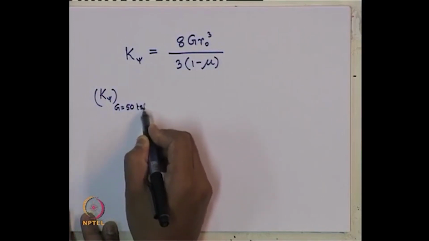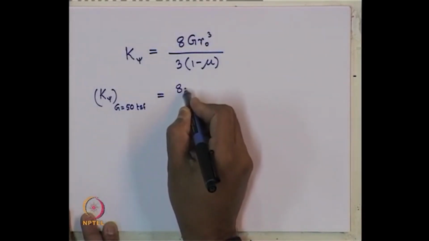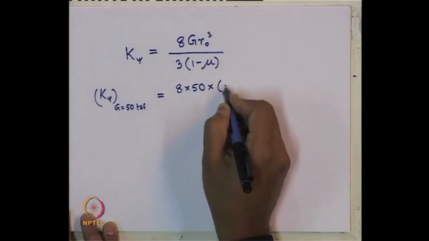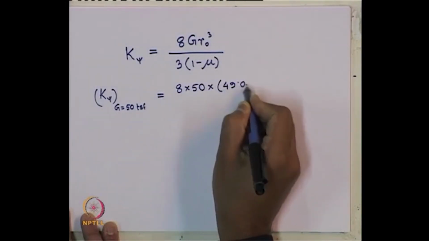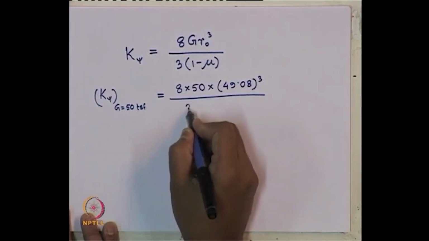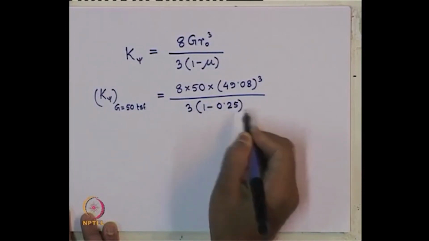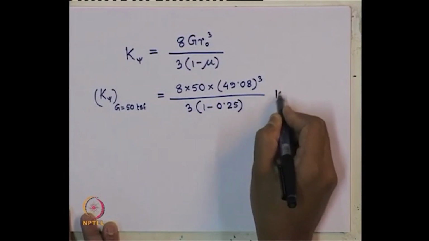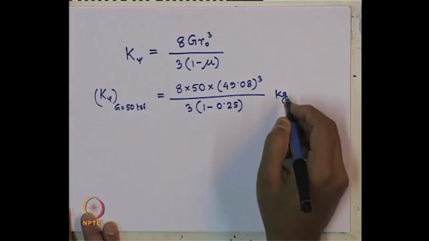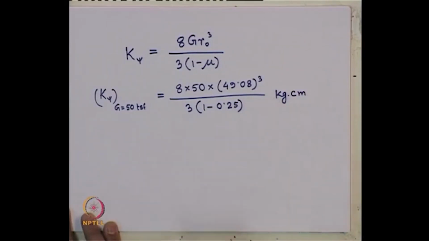for this 50 TSF, how much we are getting? 8 into 50 into r naught cube, just now we have computed 49.08, divided by 3 into 1 minus Poisson's ratio, which is given as 0.25. So much of, what should be the unit? Unit is kg centimeter.